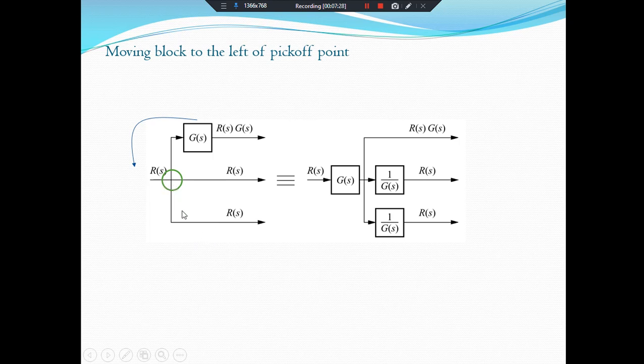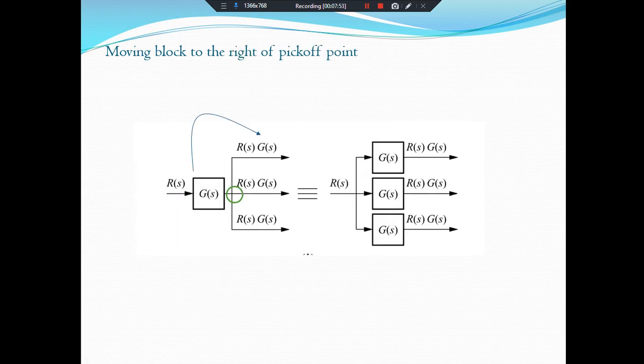We are getting R of S and the same R of S at the output. If we move this block to the left of the pick-off point, we will multiply the other two branches with 1 over G of S, so the effect will be cancelled out, and the output will remain the same.